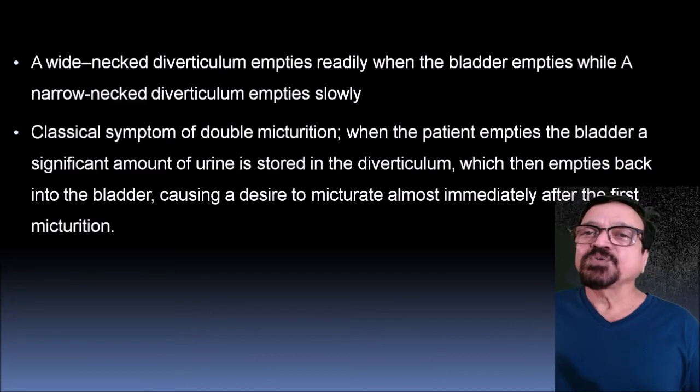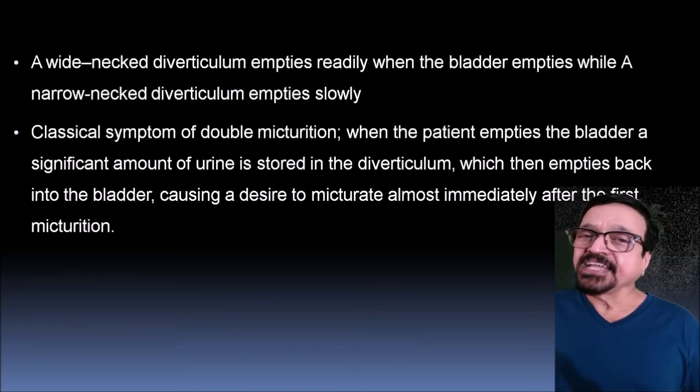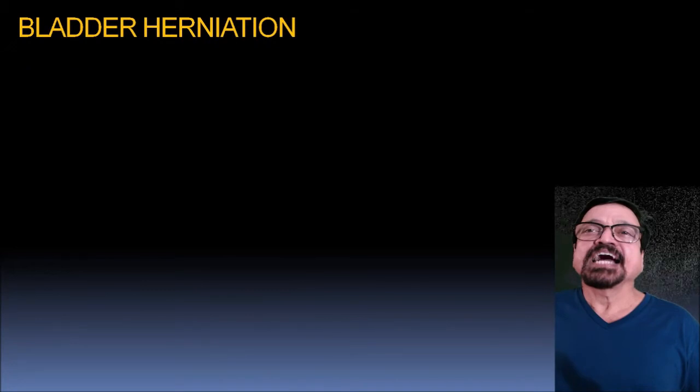So let's try to understand this mechanism. When the bladder is contracting, the pressure is more in the bladder and less in the diverticulum, so urine flows into the diverticulum. When micturition stops, the bladder pressure drops, so from the diverticulum the urine again flows back into the bladder and the patient will feel the urge again.